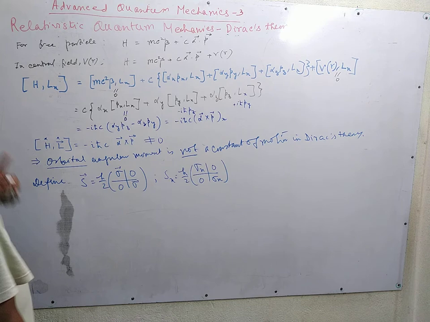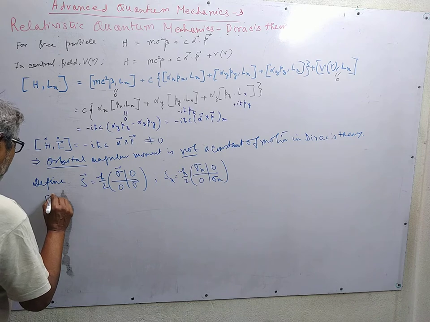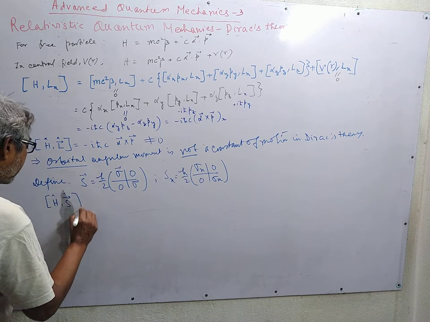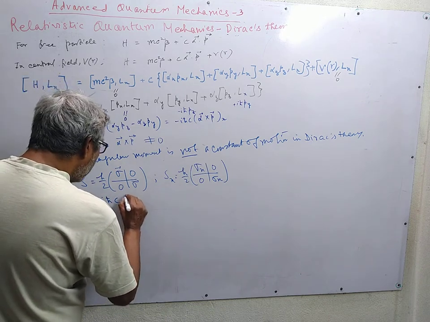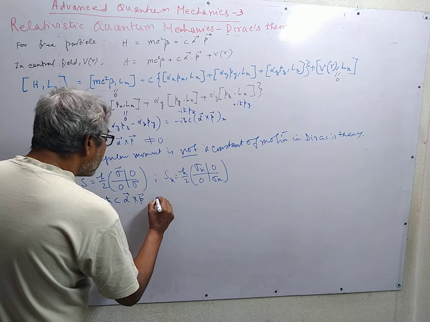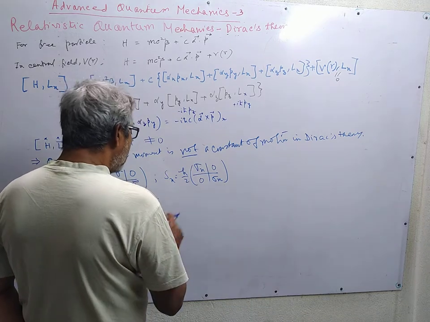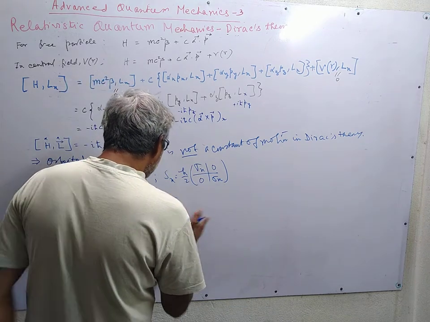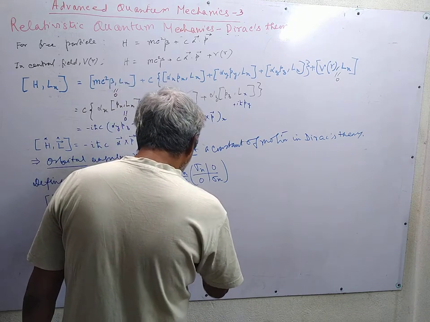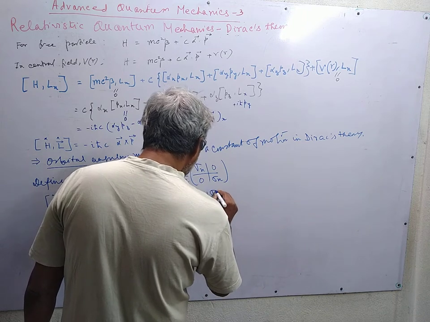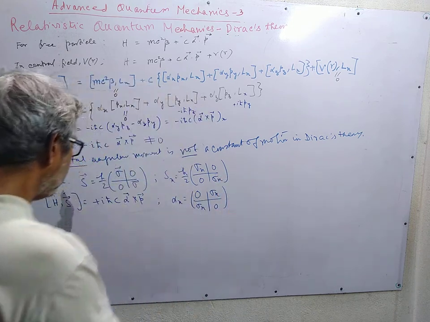Going through a bit of algebra, we can show that the commutator of H with the S vector operator is plus i h cross c alpha cross p. Recall that alpha x is related by these definitions of alpha x.